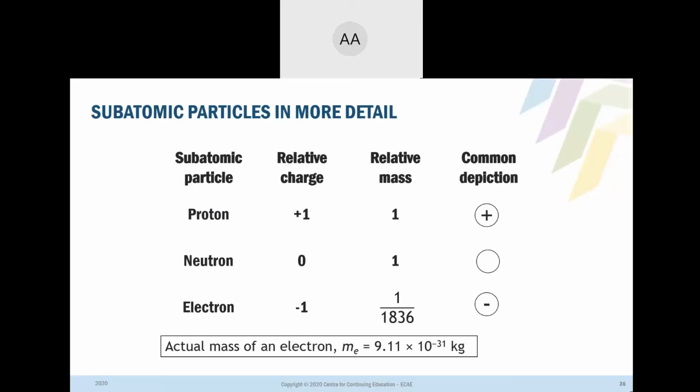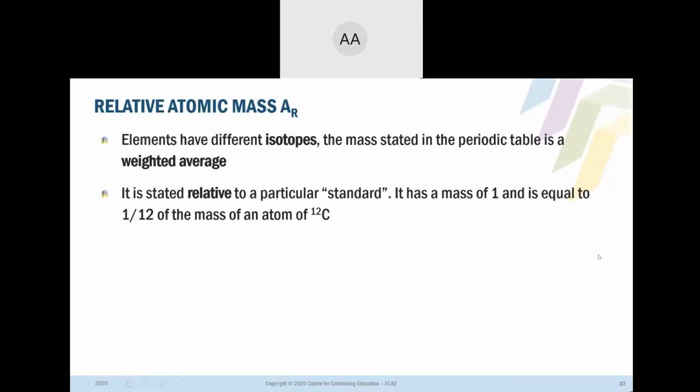This takes us on to then the concepts of relative atomic mass, AR. We all know, or let's remind ourselves, that elements have different isotopes. The mass stated in the periodic table is a weighted average, and that is relative to a particular standard.